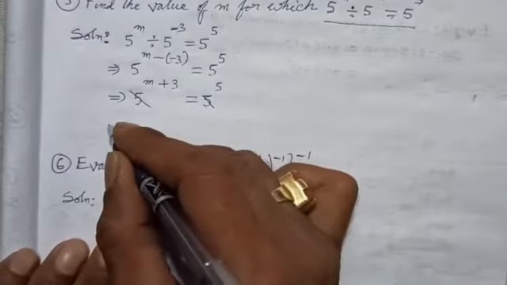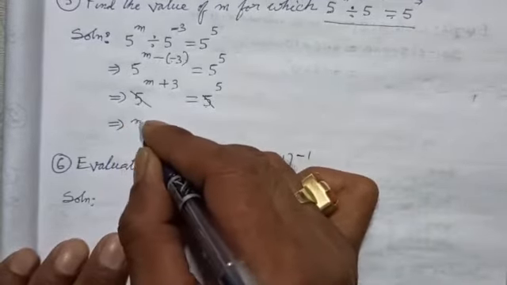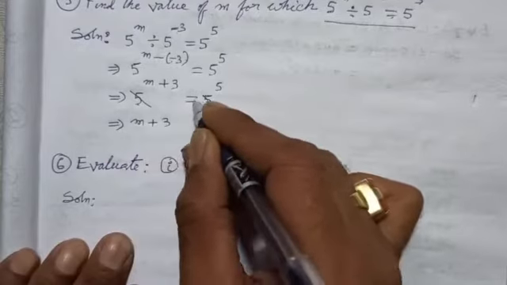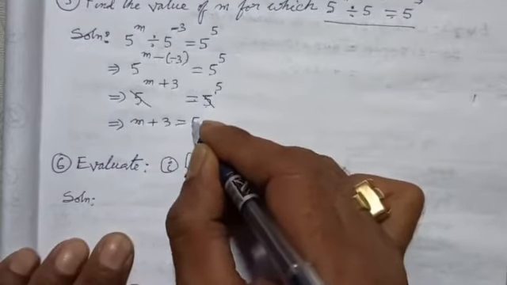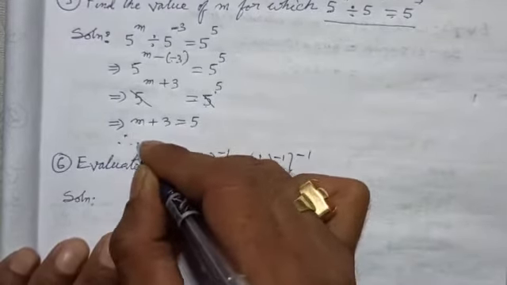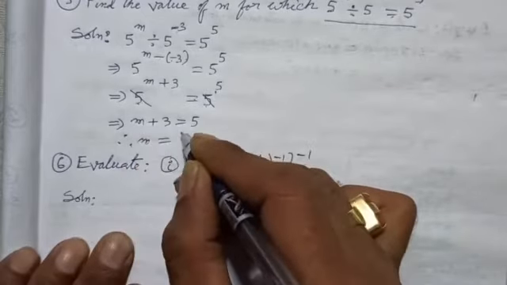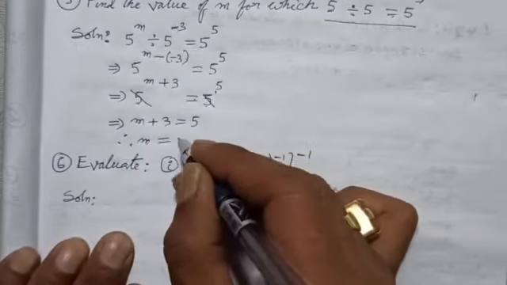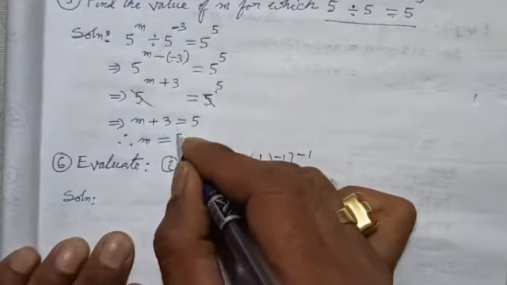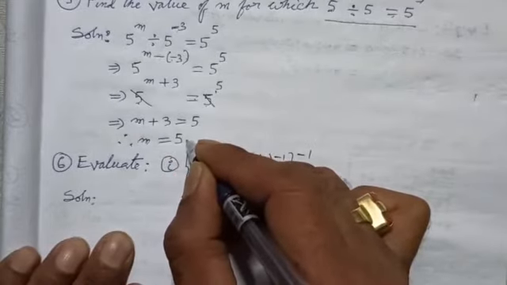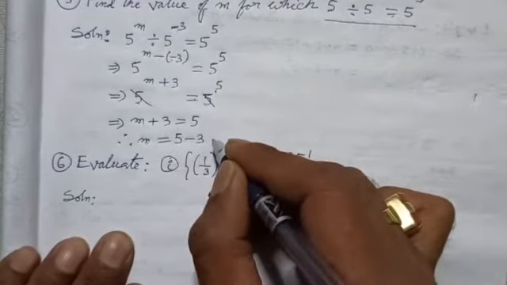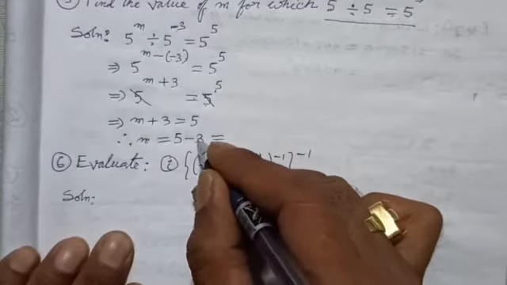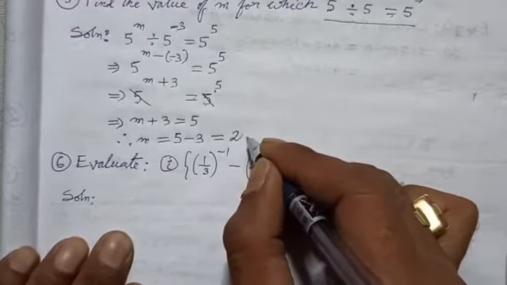Then we can write m plus 3 is equal to this 5. Therefore m is equal to, if plus 3 is transposed to the other side, the plus sign changes to minus, so we are getting 5 minus 3. Then if we subtract 3 from 5, we get 2. So this 2 is the answer.